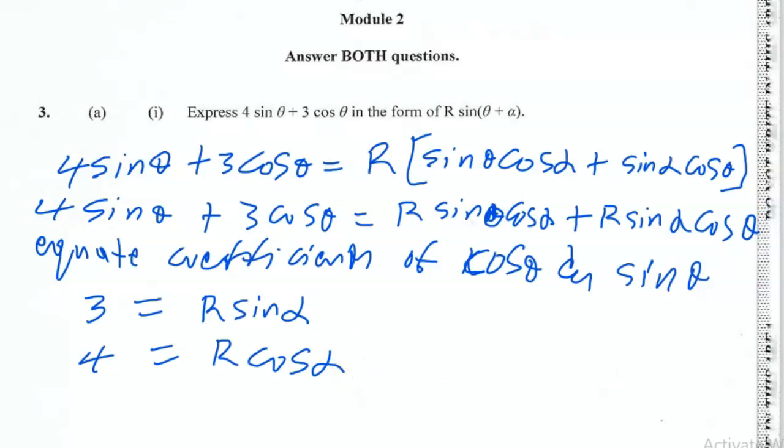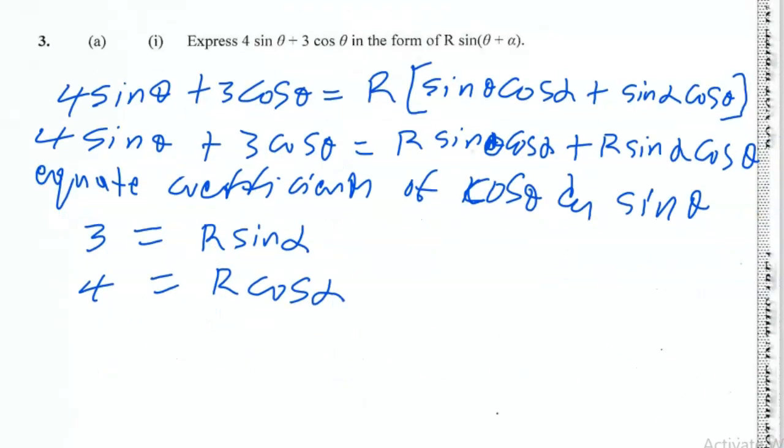Now we can divide one equation by the other. So 3 divided by 4, we get 3/4. And r sine alpha divided by r cos alpha, r cancels r, and sine alpha divided by cos alpha, that's tan alpha. So tan alpha is equal to 3/4.